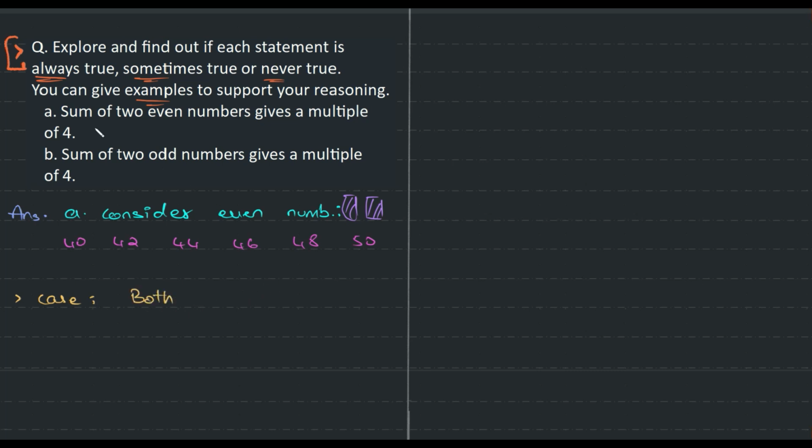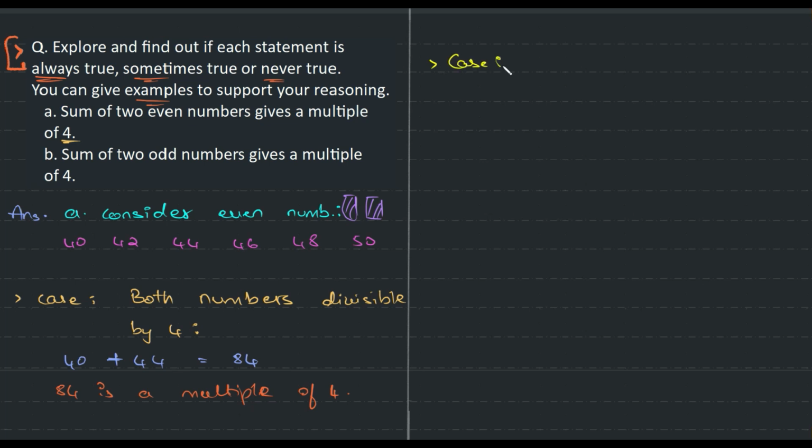Since we are talking about divisibility by 4, let's take up two numbers, both divisible by 4. What I mean is 40 and 44 is what I'll add. So I'll get 84. 84 is a multiple of 4. That's good. So it looks like it is always true, but of course, never stop with one example.